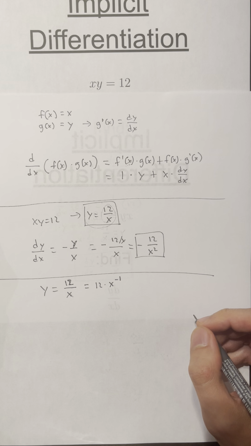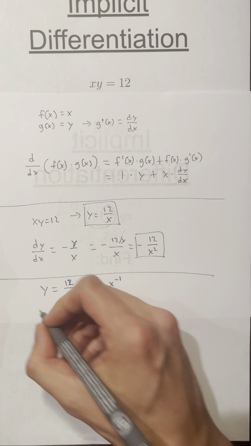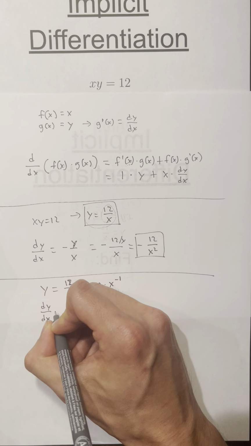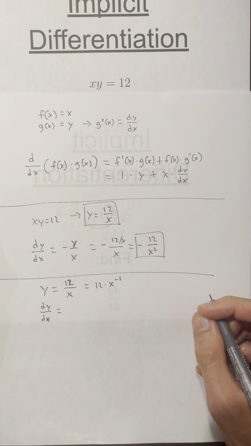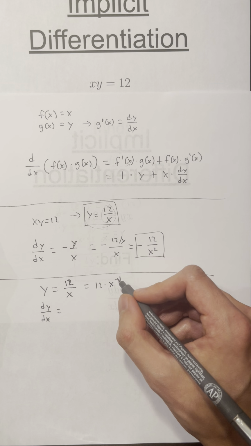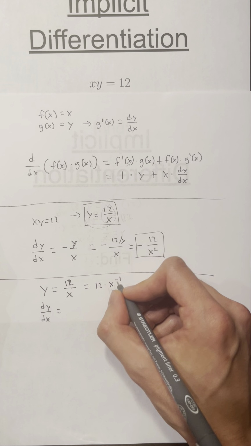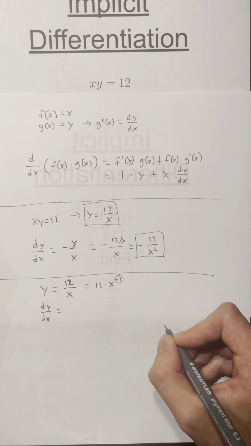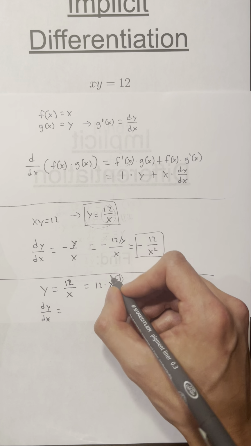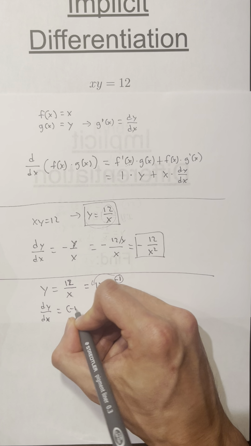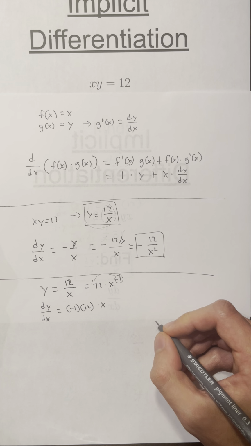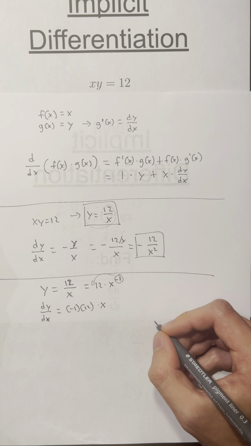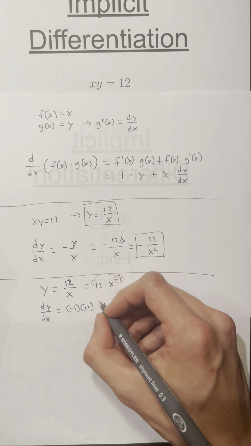And, all right, if I want to find dy/dx, what rule am I going to use? I'll use power rule. Where does the negative 1 go? It goes here, so it's going to be negative 1 times 12 times x to the power of how much? I need to subtract 1 here.